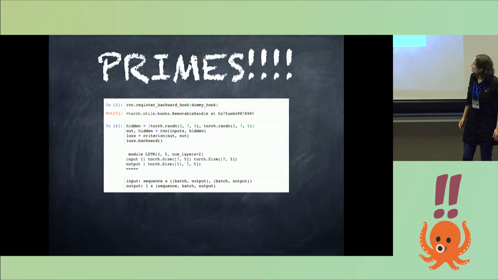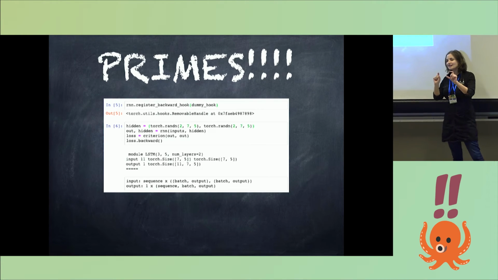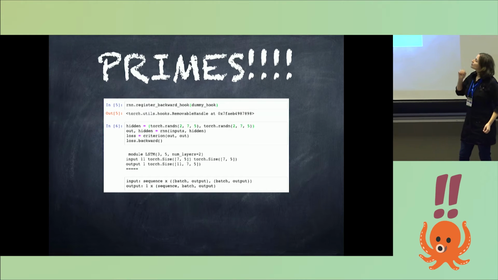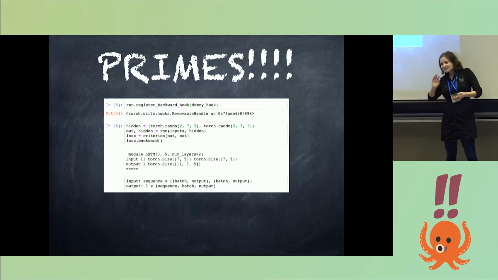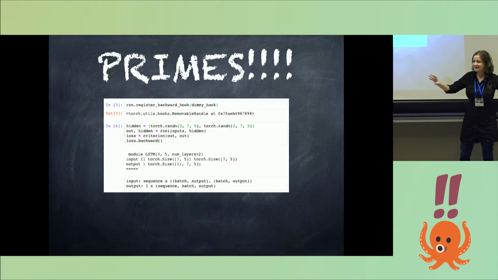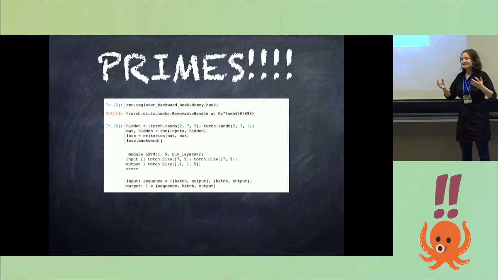So I have a little trick that I use, which is that I set every single hyperparameter associated with some dimension to a prime number. So even if two of them get collapsed, if you've set something to 3 and something to 7, and then you get some kind of input that's dimension 21, you know where that number came from. You can just reshape it accordingly.